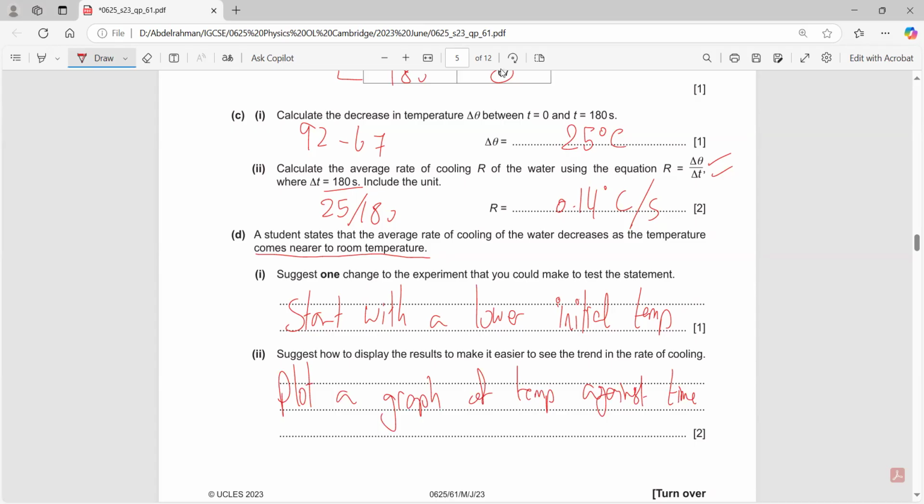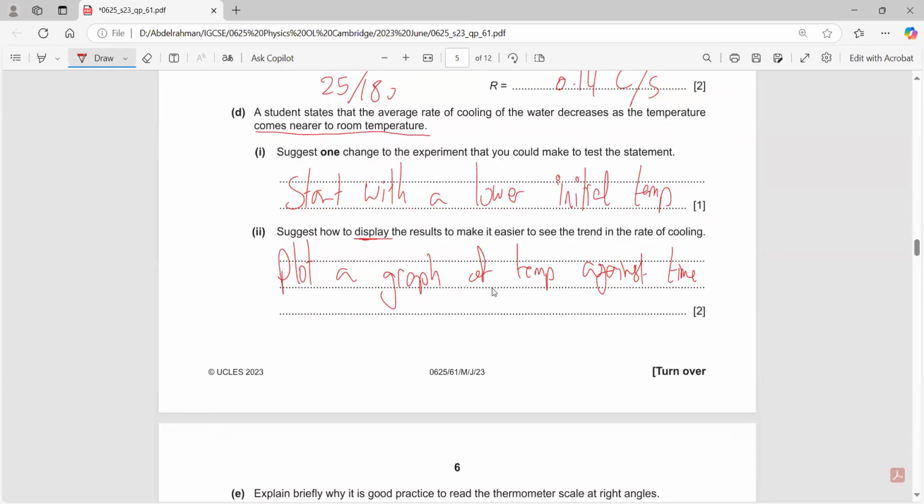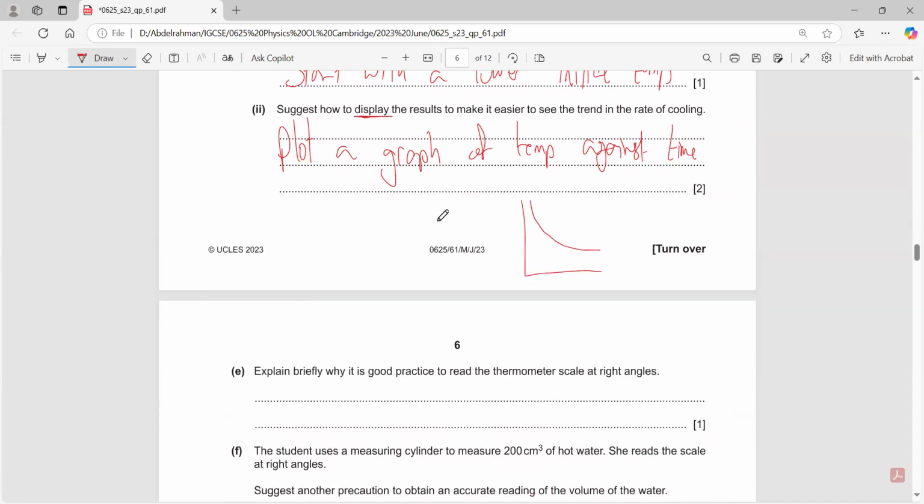By plotting a graph, I can see clearly how the rate of cooling changes as the temperature decreases. If you plot the graph, it will be somewhat like this. It will keep on decreasing.